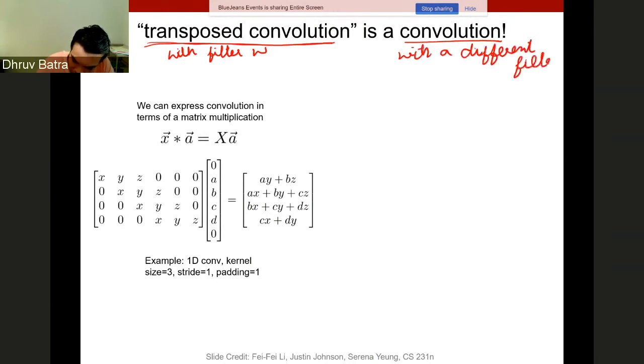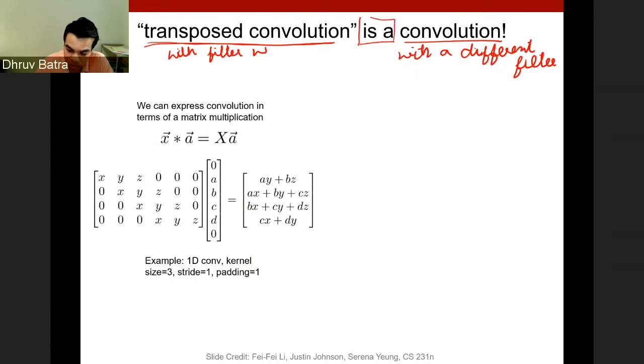We can actually express the way transposed convolution is implemented, which is by reusing our convolution implementations. And the way to see that is to realize that if I write down this sort of an operation where I have written x, y, z, so I have this filter sliding in at various levels, and this is my input, and this is my output.